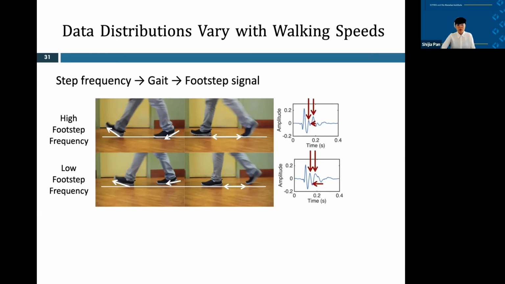It means that when people walk at different speeds, the features of their footstep-induced vibration signal change, or in other words, their data distribution changes. So if we train the classifier with a signal from the top figure and test on the signal in the bottom figure, of course we won't be able to recognize the person, because the signal itself is already different.